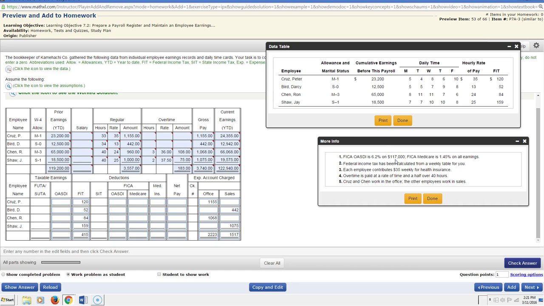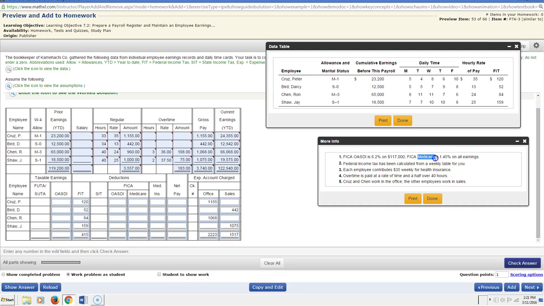Okay, so everybody here, obviously, with their year-to-date earnings is well under the 117 cap, so that the 6.2% tax will apply to everybody's gross pay as a deduction from everybody's gross pay. The other part of FICA is the Medicare.